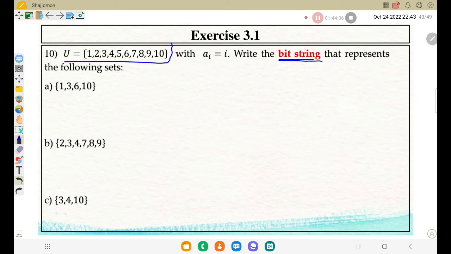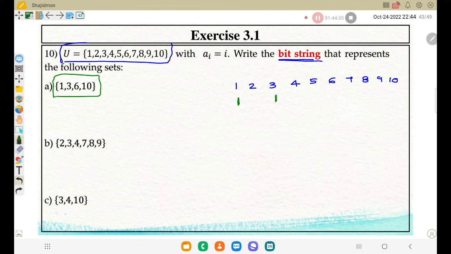How many numbers are there in universal set? 10 numbers, correct? What are the numbers? 1, 2, 3, 4, 5, 6, 7, 8, 9, 10. Correct? 10 number. Now, out of this 10 number, what are the numbers present in our set? 1 present. So, instead of 1, you can put binary number 1. 3.